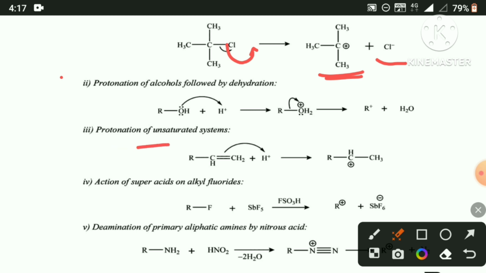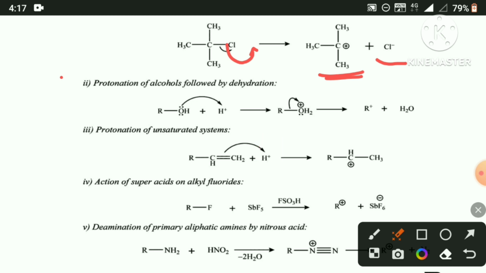Then protonation of unsaturated systems. The proton is added to one of the carbon atoms of the unsaturated system. One of the double bonds goes to form a bond with the H plus, and one carbon gets a positive charge. So this addition is based on Markovnikov's rule.